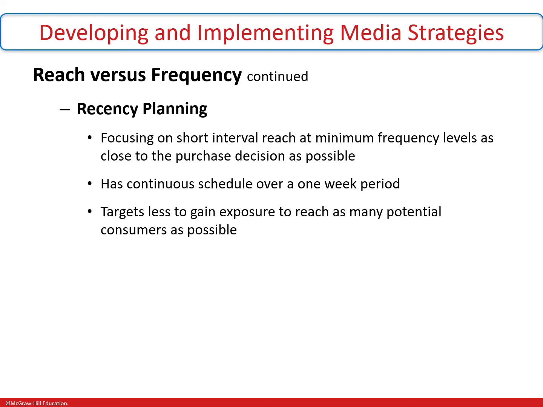So here, rather than focusing on, for example, a 4-week planning period for each, recency planning really calls for a continuous schedule over, say, a 1-week period, and less targeting to gain exposure to reach as many potential customers as possible. So what you do, for example, instead of advertising far out, you focus on closer to the time that the purchase is going to be made.